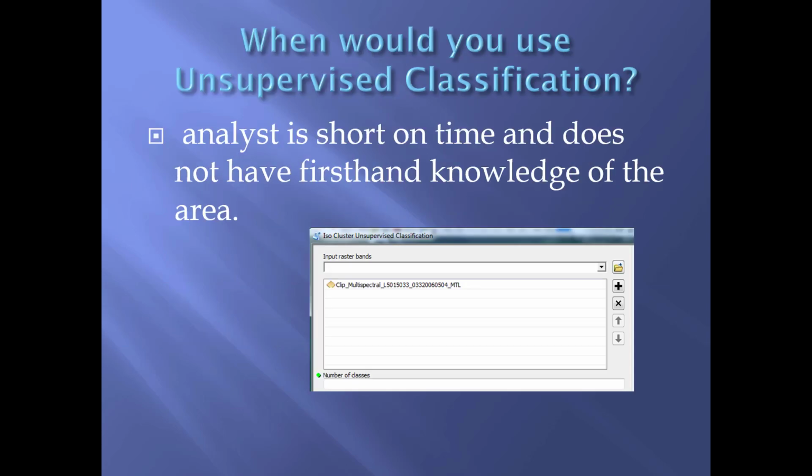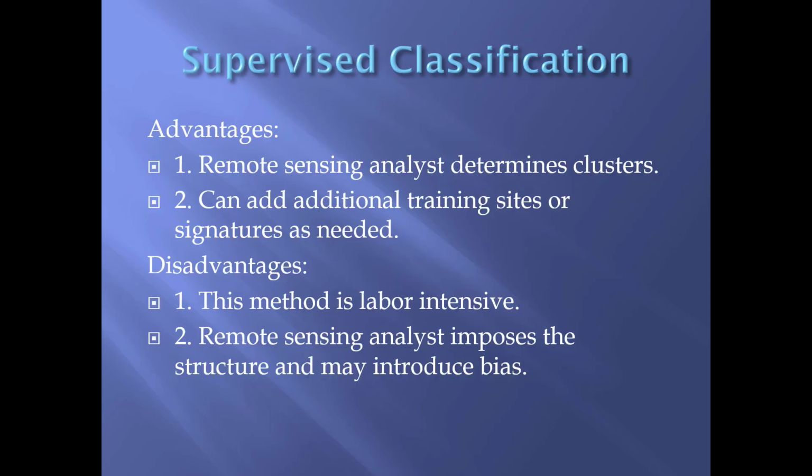So when would you use unsupervised classification? When an analyst is short on time and does not have firsthand knowledge of an area. So it is a technique that is used in the real world. Both unsupervised and supervised are often used, and there is a use for both types of analysis.